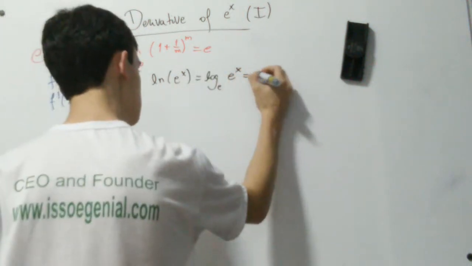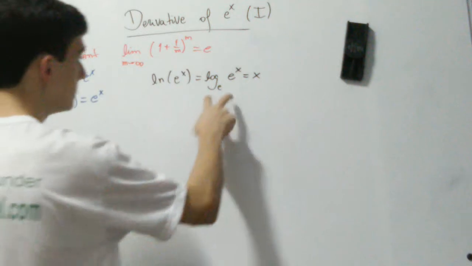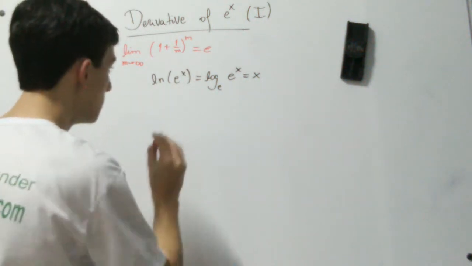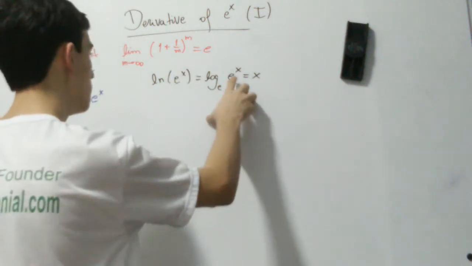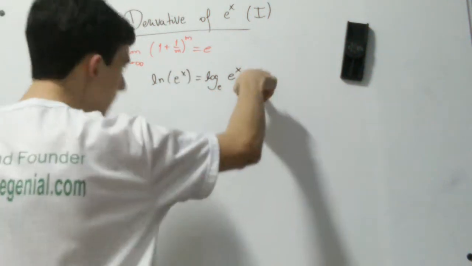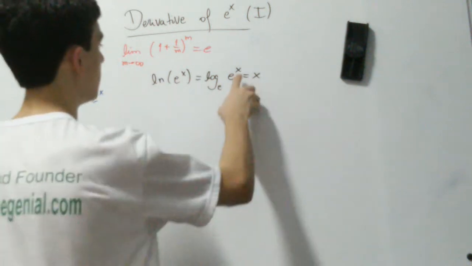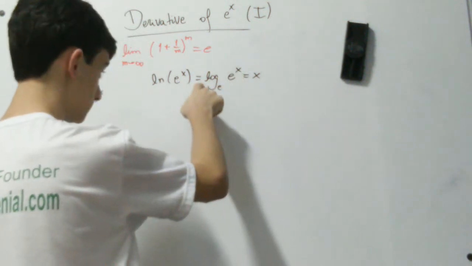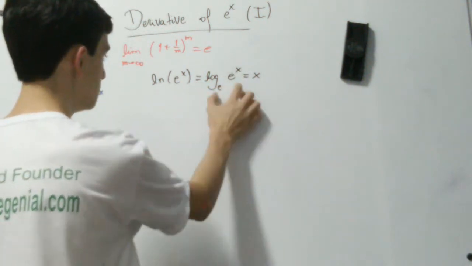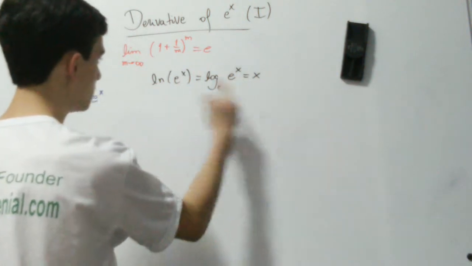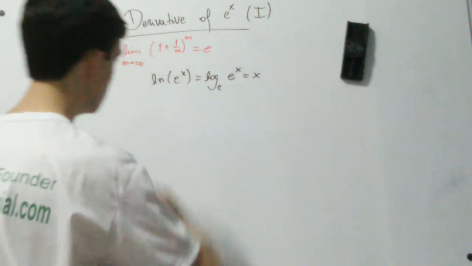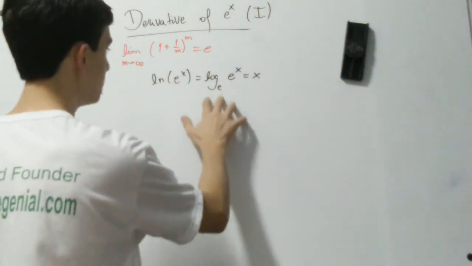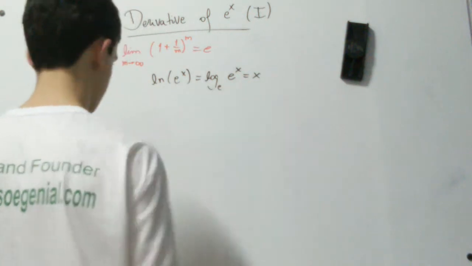So we know that this is equal to x, because this logarithm is asking to which exponent we're going to raise e in order to obtain e to the x, and the answer is x. Another way of saying it is, if you have an exponent in the argument, you can put this exponent multiplying, and we have x times logarithm base e of e, which is 1. So 1 times x is x. The second way is using a property of logarithms. But you can see easily that this is equal to x.